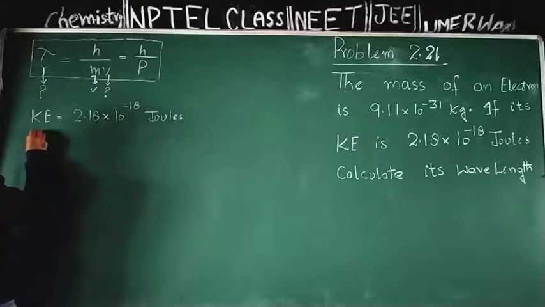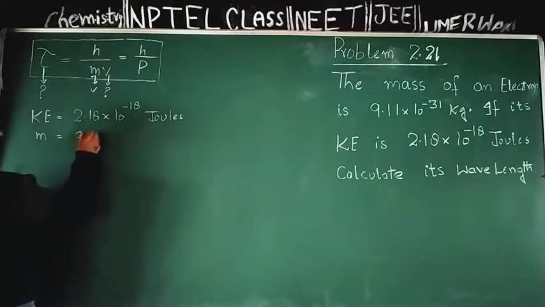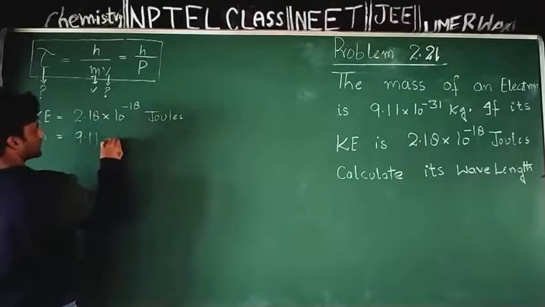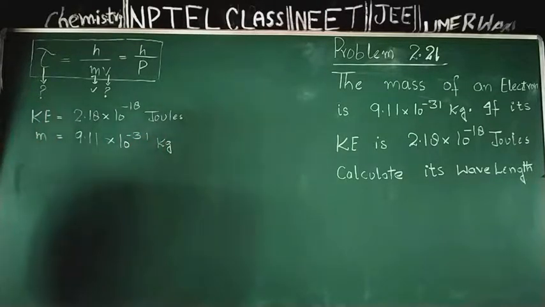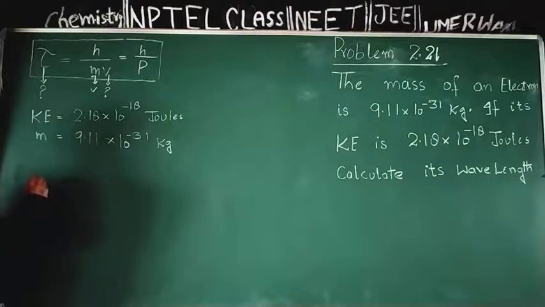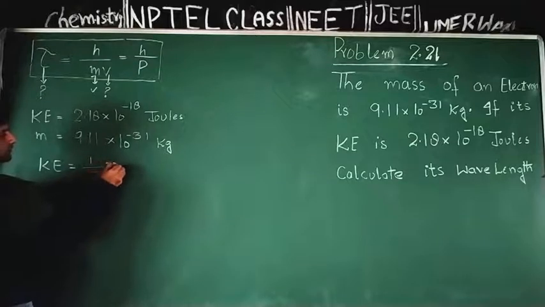Mass of electron is also given, 9.11 × 10^-31 kg. First I will calculate the value of velocity from the known value of kinetic energy. I know kinetic energy is equal to 1/2 mv².